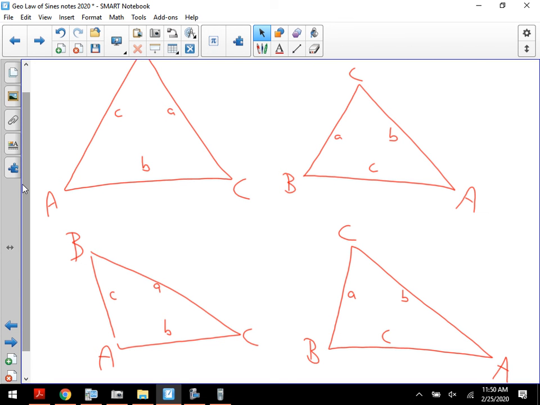Just like you did on the trig, try to find out. Guys, a lot of times for that third angle, I know you have to subtract from 180 to get to it anyway. You don't have to show me or write it down. It's not a big deal.